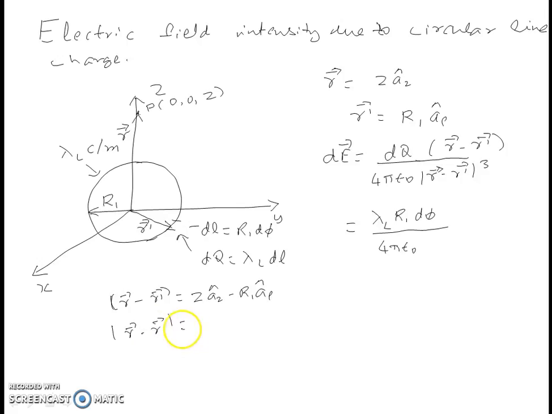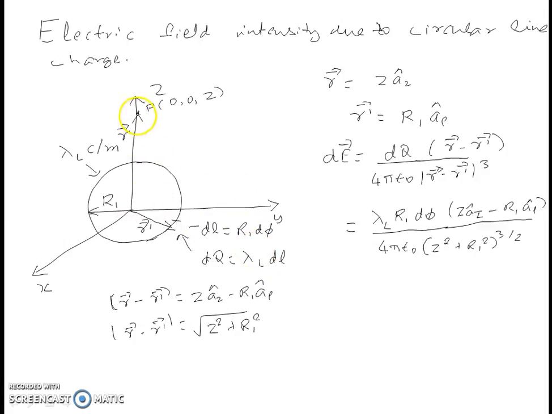So therefore the magnitude of this vector is given by square root of z square plus r1 square. So now we can substitute this here, and we get this vector z a_z minus r1 a rho.